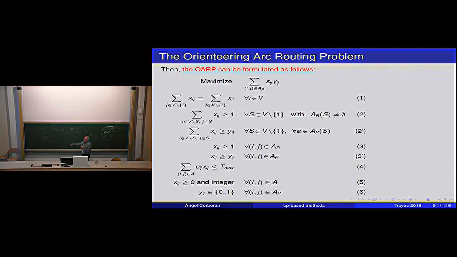If we service this arc, this variable takes value 1, and then I have to traverse it. Otherwise, the value of this variable is 0, and then I do not need to traverse the arc. The length or time of my route is less than or equal to the max time, and then the non-negativity and integrality inequalities.